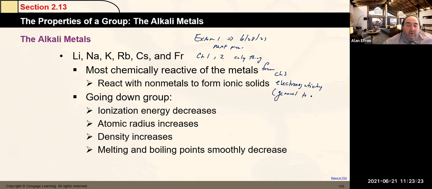We will talk in greater detail in chapter 3 more about electronegativity, but for this first exam, really you need to know that electronegativity is the ability of an atom to bring electrons towards itself, and that the general trend again is it increases as you go up and to the right, fluorine being the most electronegative, and decreases as you go to the left and down. Any questions on any of that there?